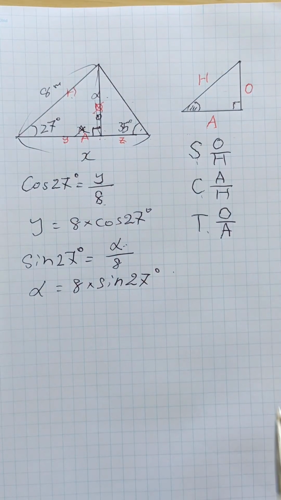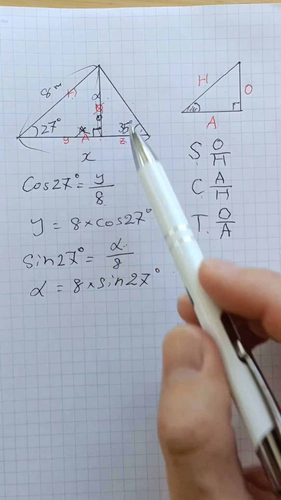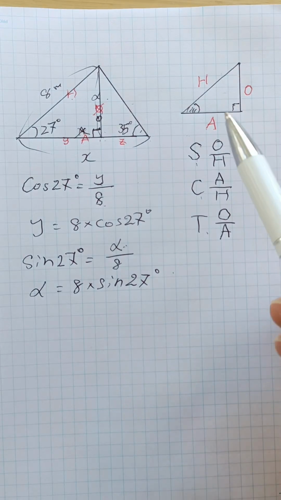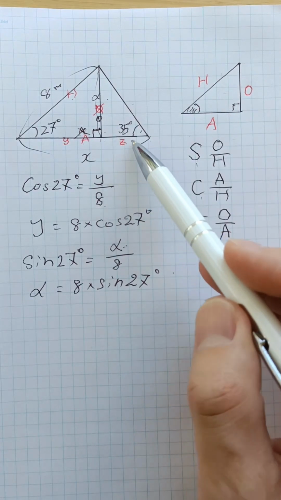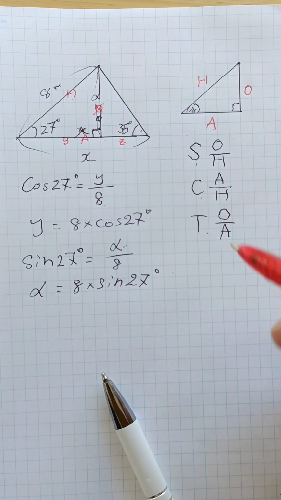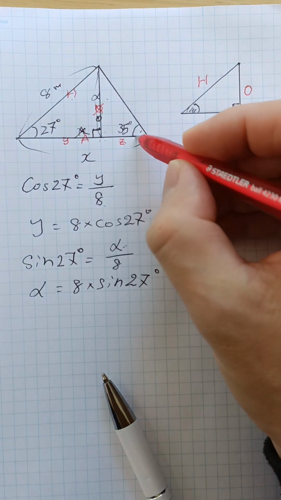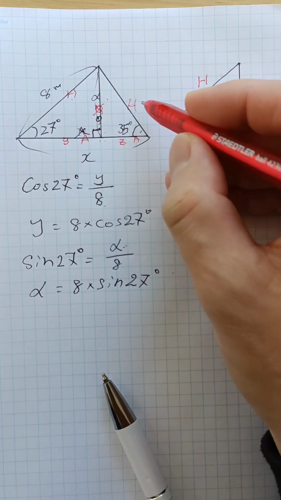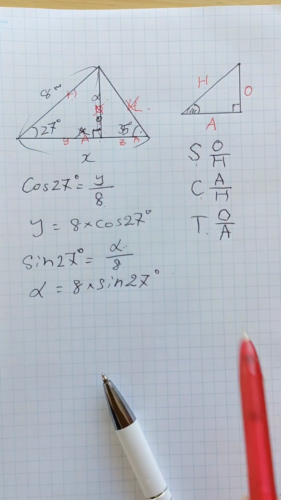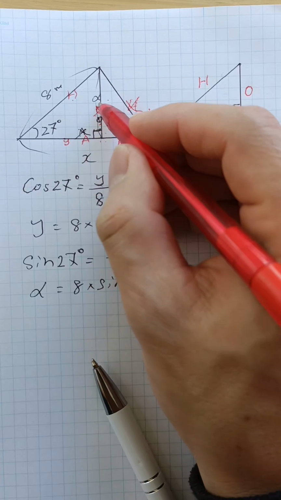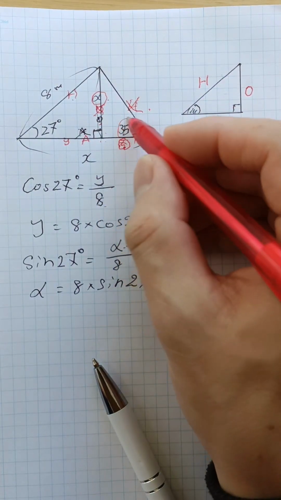Right, now we know alpha here, which is 8 times sine 27 degrees. To figure out Z, what do you do? Then we are focusing on this triangle. This is adjacent, this is the hypotenuse, this is the opposite, and we are crossing out the unused side. So we are using this and this in this one.